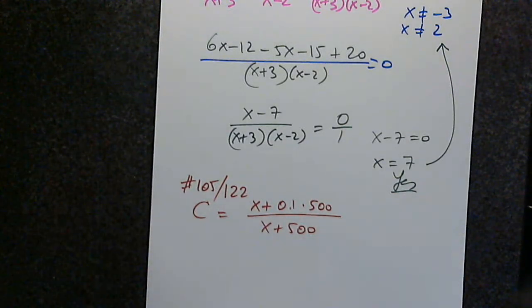So they're asking us to find x such that that will produce a new product that is 28% peroxide. C is the concentration of the new mixture. X is the number of liters of pure peroxide that we have to add, and we want to get a 28% peroxide.